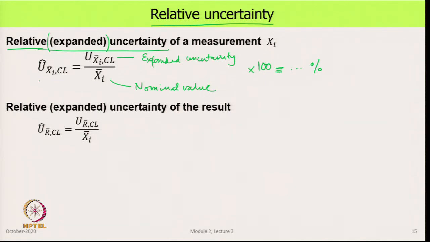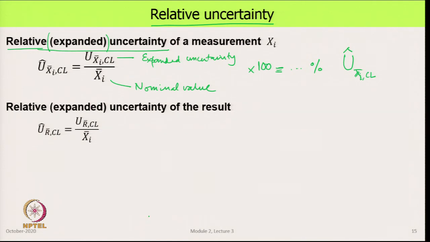And the symbol for that: we had u xi bar C L for the expanded uncertainty, and we have added one hat on top of it. So, u hat xi bar C L is your relative uncertainty of a measurement.